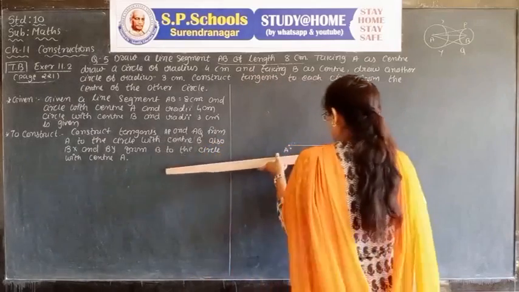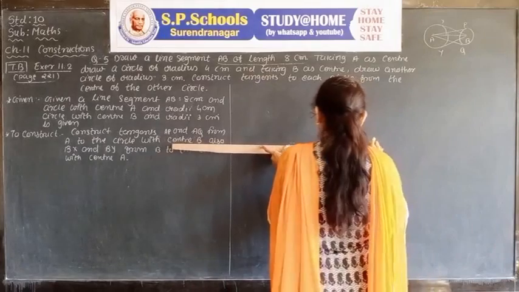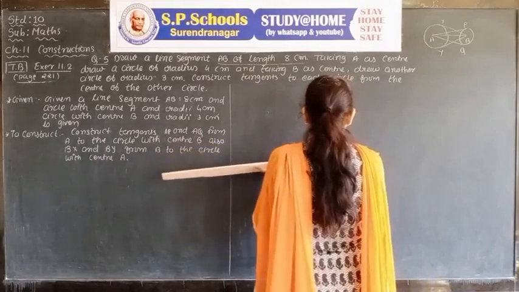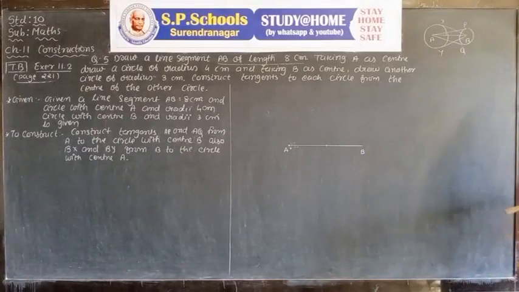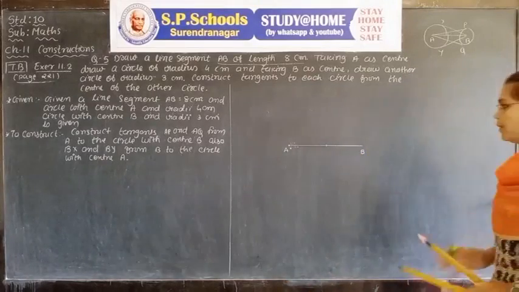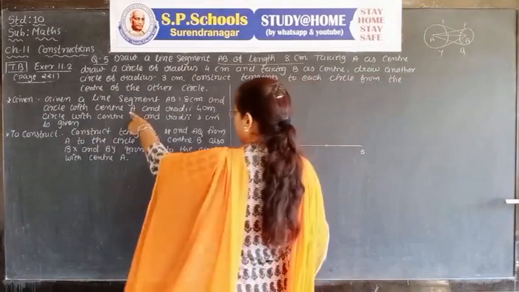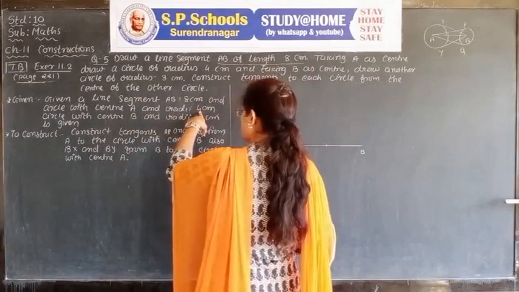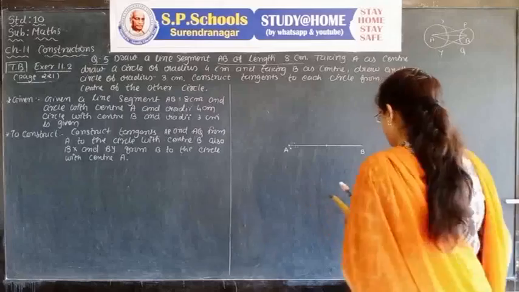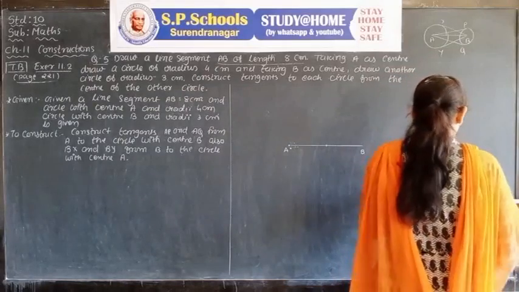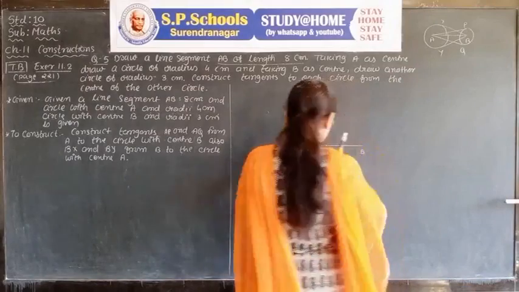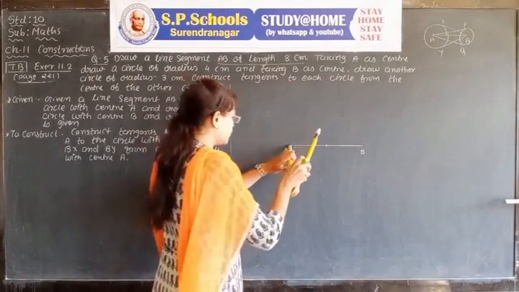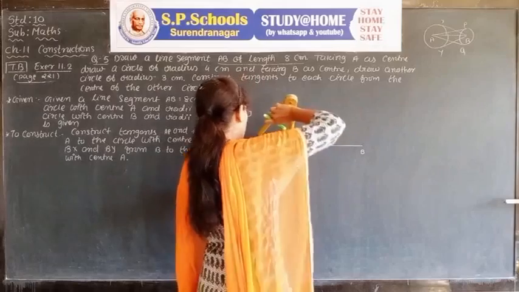It is a line segment of length 8 centimeters. Now take your compass and taking A as a center, draw a circle of radius 4 centimeters.